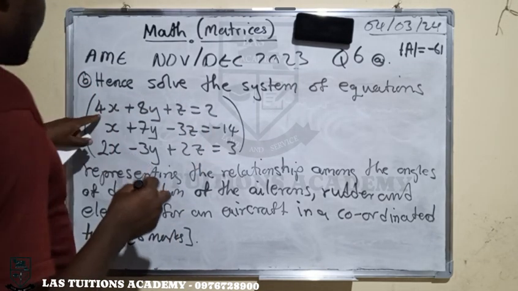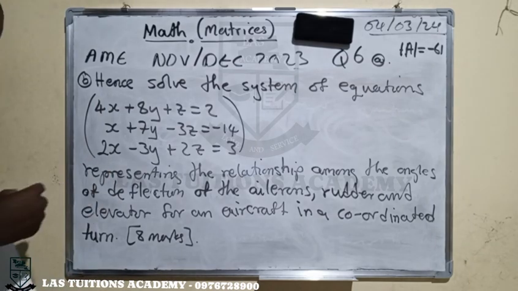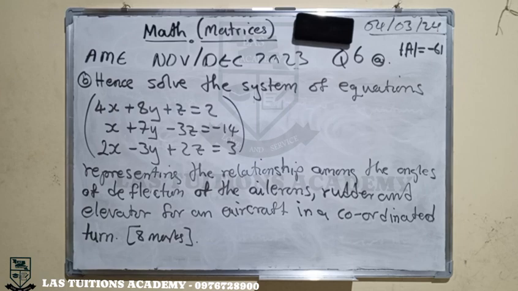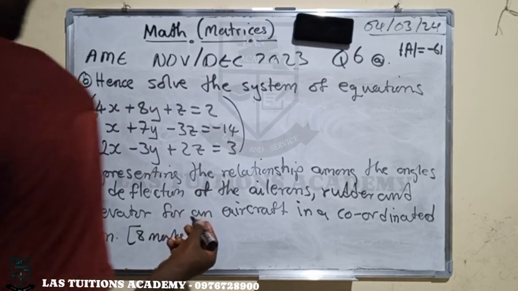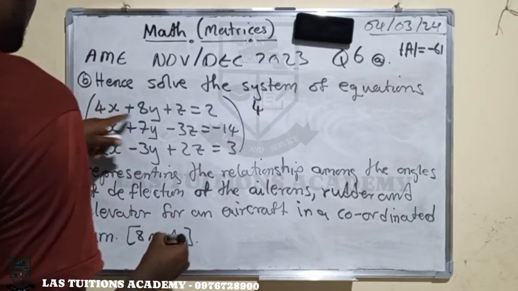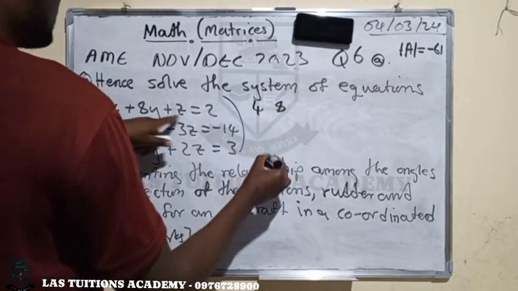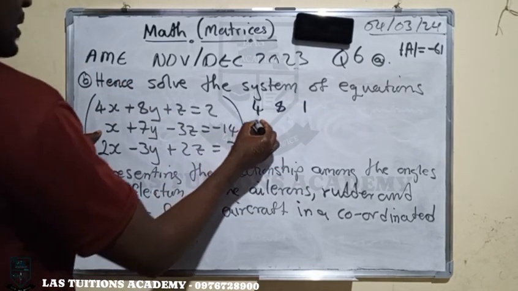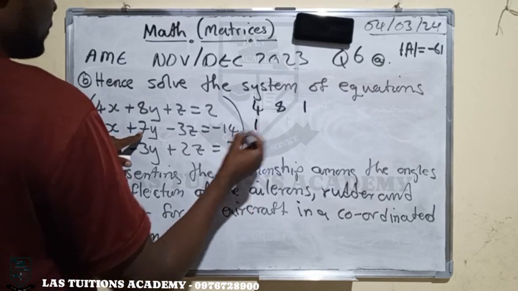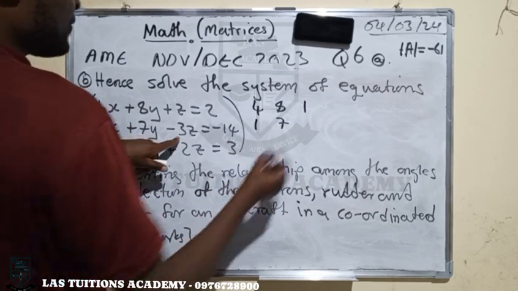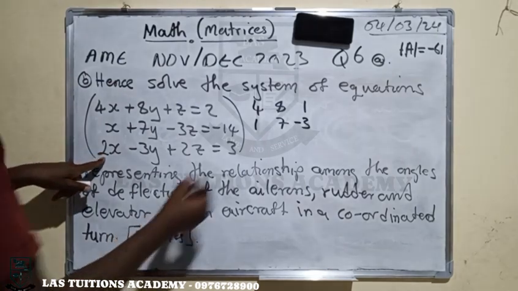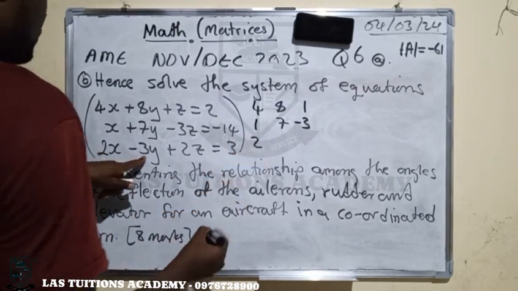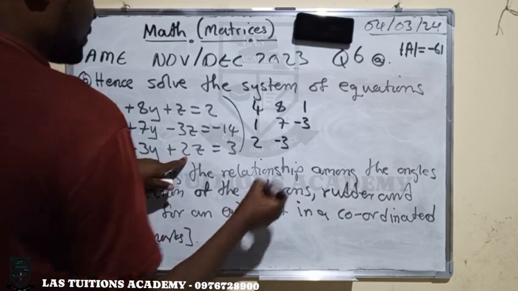You pick the coefficients. You need to pick the coefficients of x, the coefficients of y, and the coefficients of z. So the coefficient of x is 4, the coefficient of y is 8, the coefficient of z is 1. It's a number in front. So the coefficient of x is 1, the coefficient of y is 7, the coefficient of z is negative 3, the coefficient of x here is 2, the coefficient of y here is negative 3, the coefficient of z here is 2.